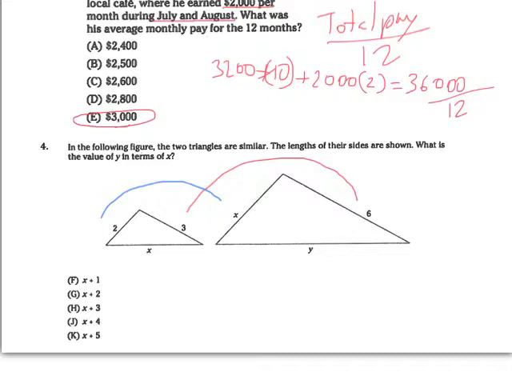So 2 times 3 equals 6. So here, I would do 2 times 2, which would give me 4. So this length here is 4. Well, that also means that this x right here is 4.